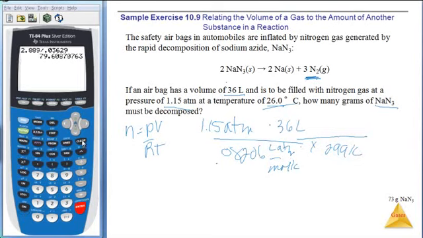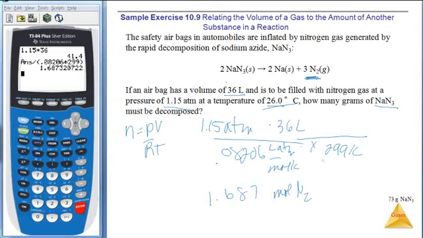So if I punch this, 1.15 times 36 equals, divide by, 0.08206 times 299, close my parentheses, and I get 1.687 moles of nitrogen.